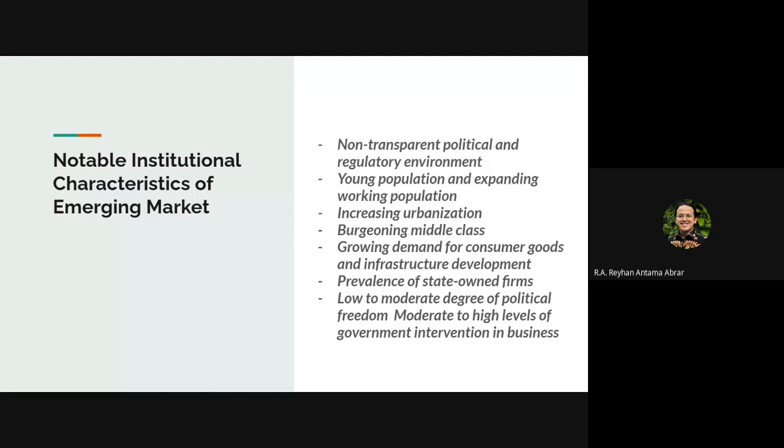In addition, there are some notable institutional characteristics of these emerging markets compared to more advanced economies, such as a more non-transparent political and regulatory environment.